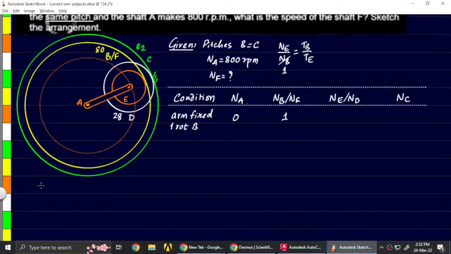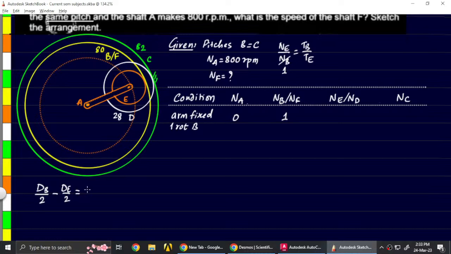So let's say diameter of B by 2, which gives us this length, minus this radius, that is diameter of E by 2.